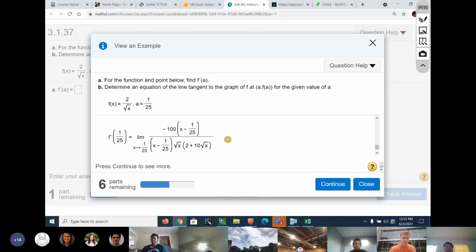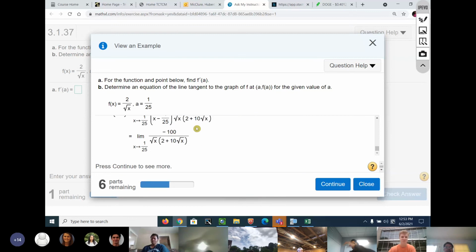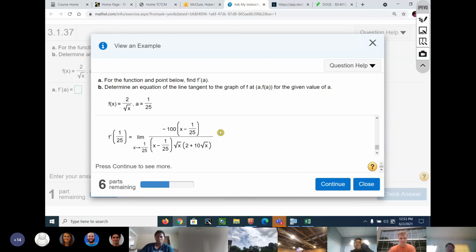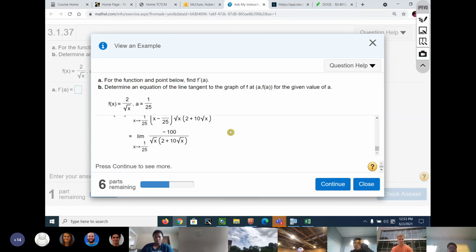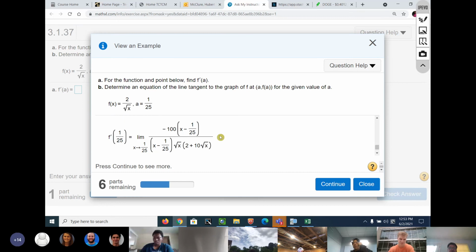Yeah. That's what they're doing, because 1 over 25 minus 1 over 25. You're not going to get a number, that's for sure. That's going to go out, that's going to leave 100. This is a mess.